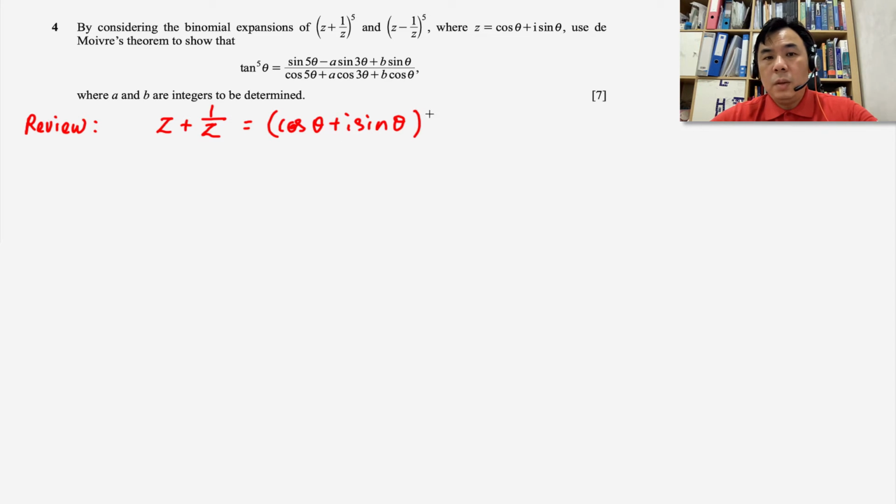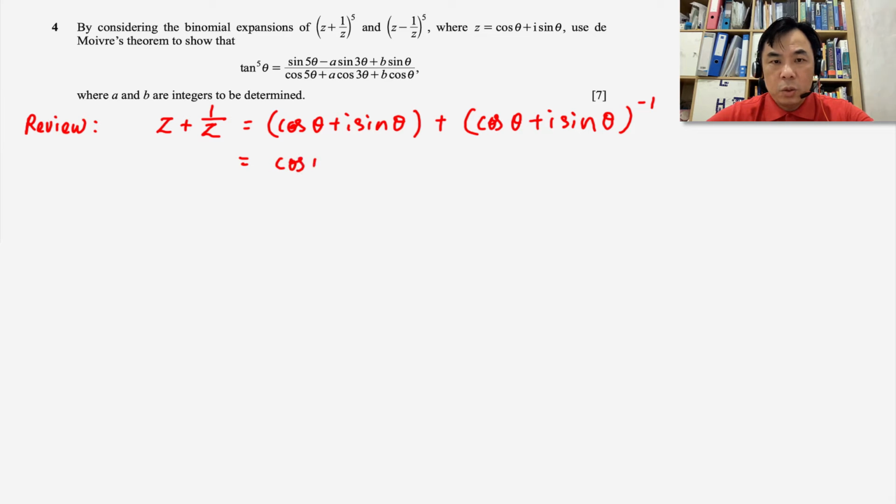And then 1 over z, the reciprocal, we can rewrite as power of negative 1. By using de Moivre's theorem, you can refer to my other videos on how de Moivre's theorem is derived. Here I'm just going to show you the result that de Moivre has already discovered.